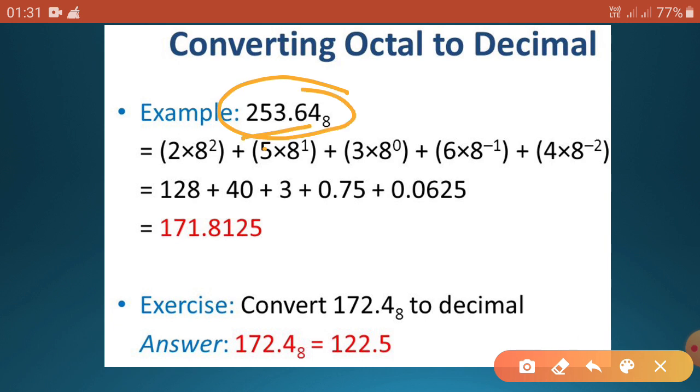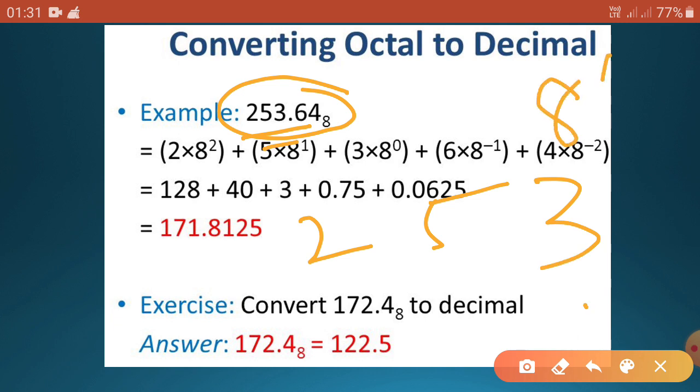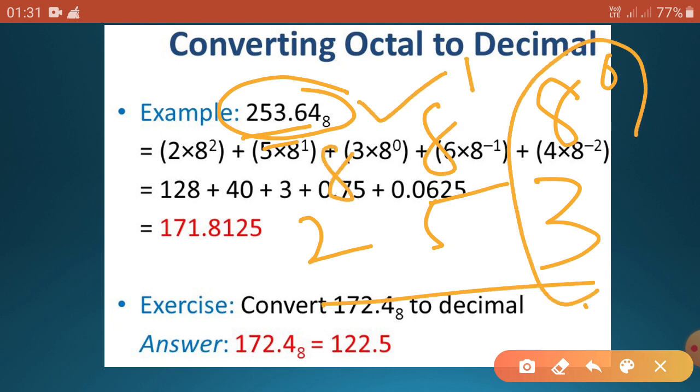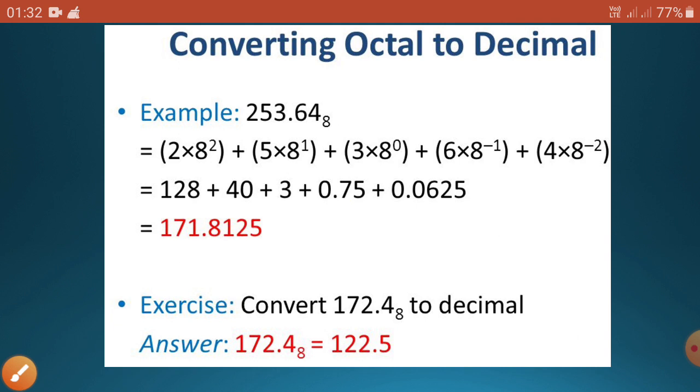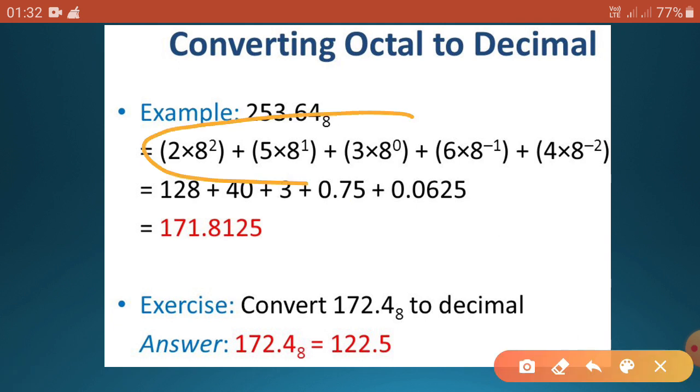For 253, this is the integer value, so we have to write the positional values first. So these are the positional values, so we know how to calculate it. We have to multiply these and we have to add those values.